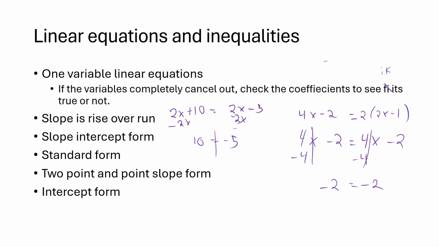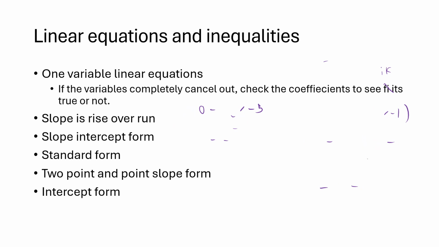Therefore, any value that we substitute for x will result in a true statement, and there's an infinite number of solutions for this linear equation. This means that the solution is infinite. Just going to erase this now and get to the next one.